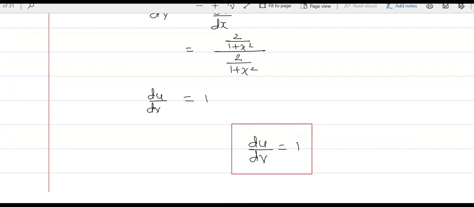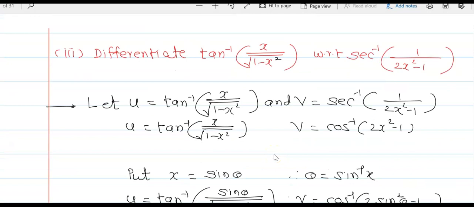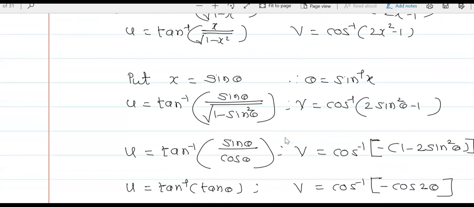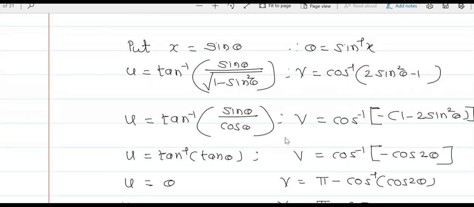Now, also you can write down this from the board. Now differentiate this with respect to the other. Substitution is important. You will get u is equal to tan theta. Now this is also important. Take the minus sign as common. Then in the bracket you will get minus (1 minus 2 sin square theta).